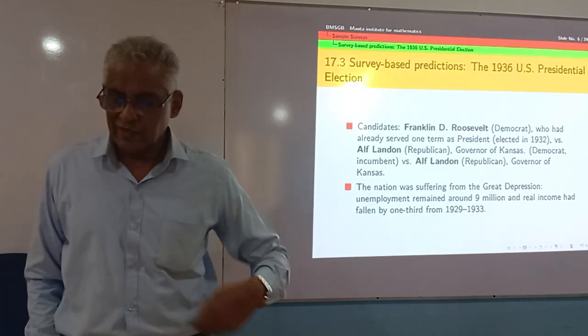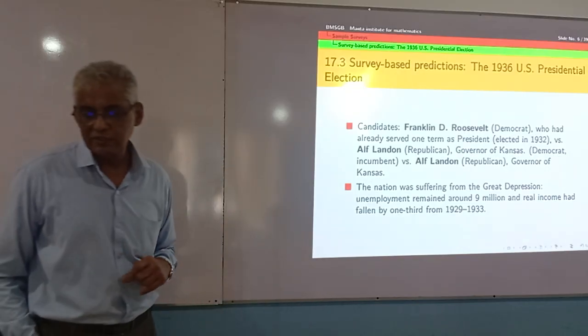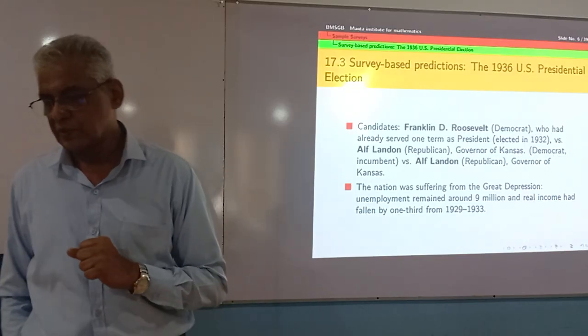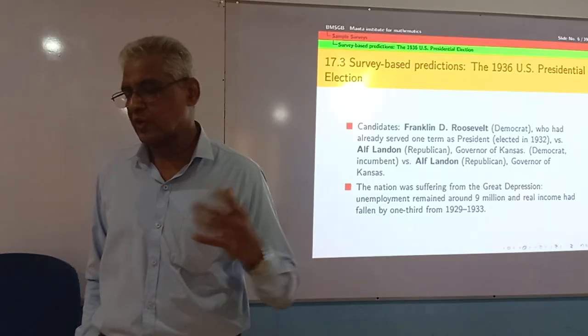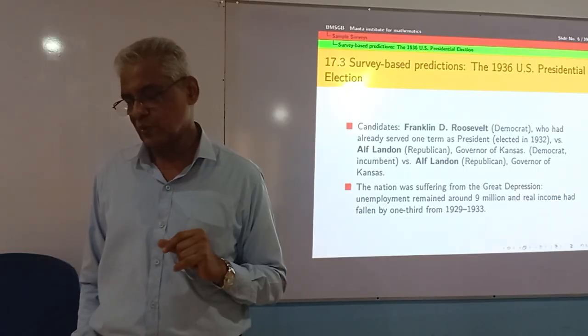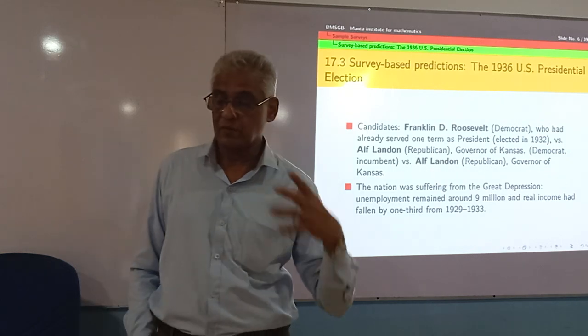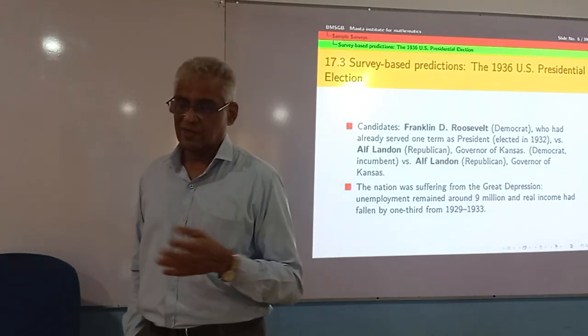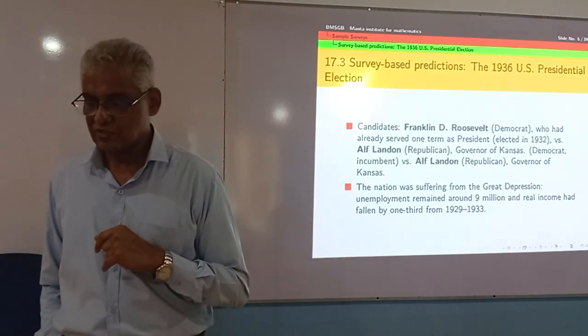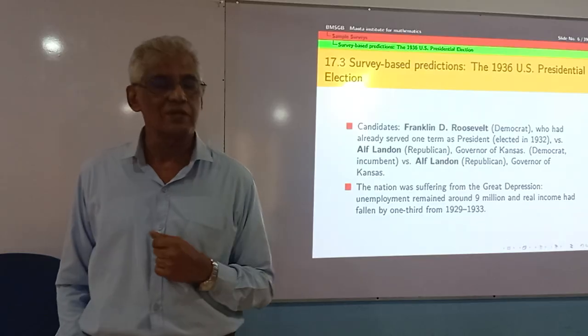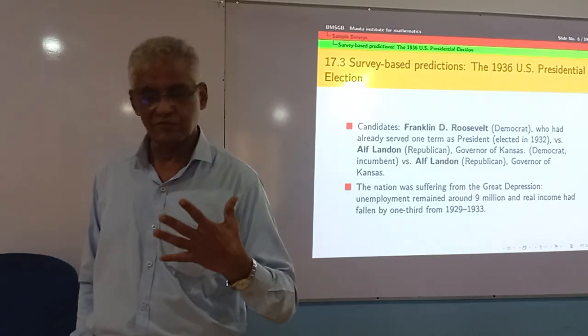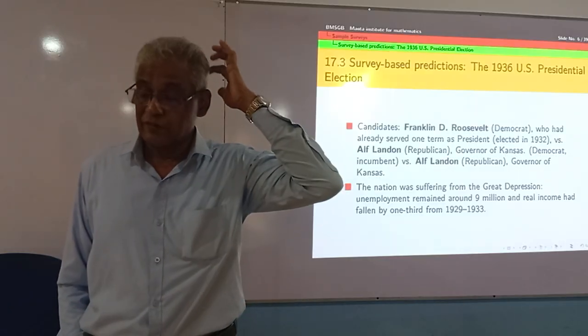Now I will talk about one or two previous well-known examples where people made predictions about elections, and some studies got completely wrong predictions. We'll study why they were wrong.